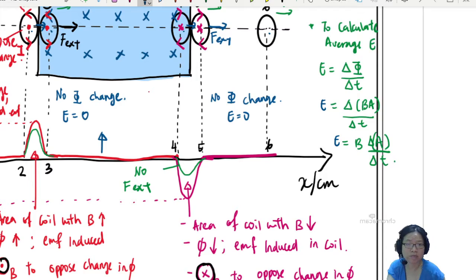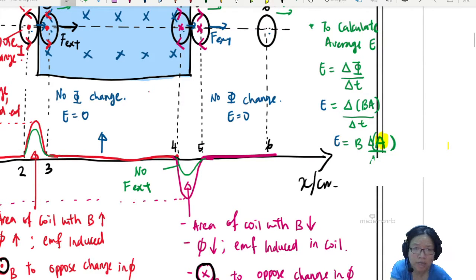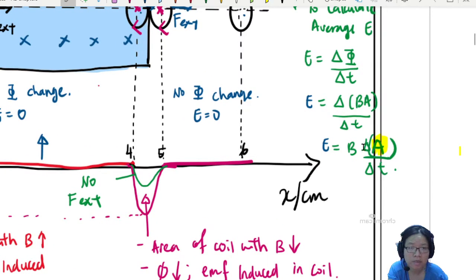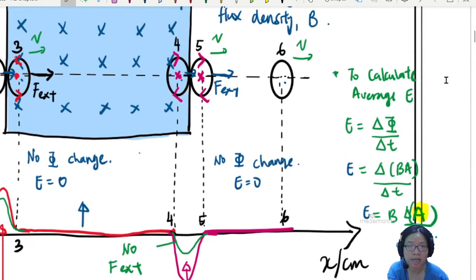This A here, in case you don't know, excuse the lag, my computer is a bit laggy so parts of the screen cannot be seen. But this highlighted A is the area of this coil.